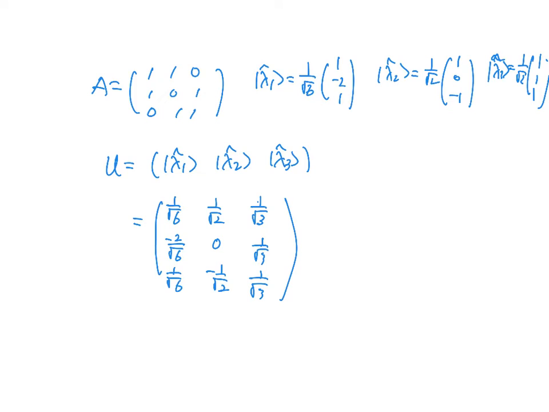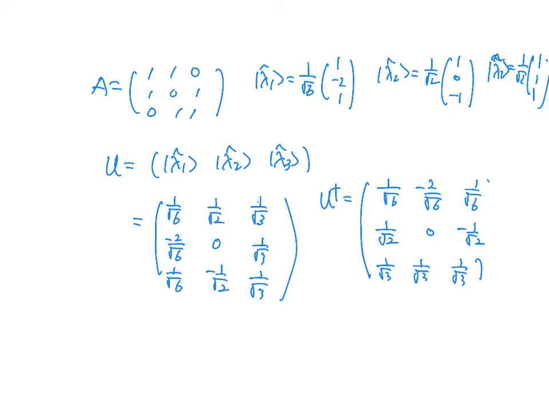The adjoint of U is just column by row, so U dagger is square root of 6, minus 2 square root of 6, square root of 6, and square root of 2, 0, minus square root of 2, square root of 3, square root of 3, square root of 3. So this is not Hermitian, this matrix, right?